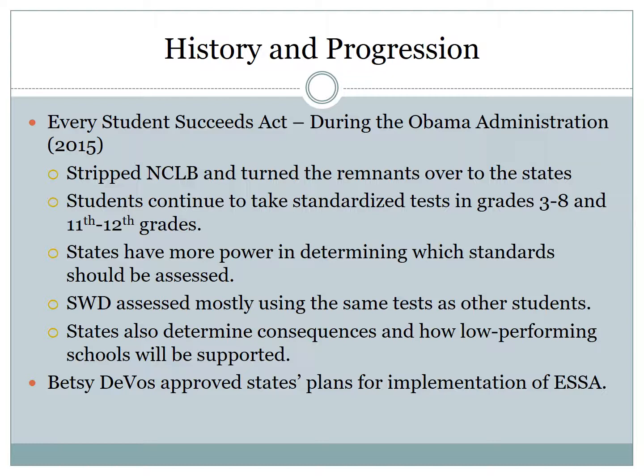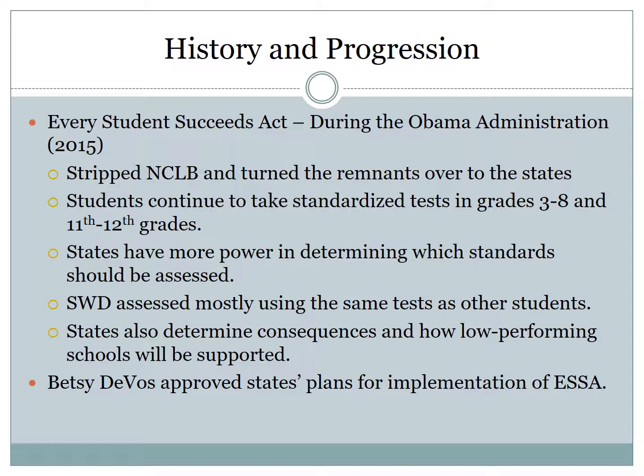During the Obama administration in 2015, the Every Student Succeeds Act replaced No Child Left Behind. That act basically stripped the role of the federal government from NCLB and turned much of it over to the states. So students continue to take standardized tests in certain grades. It's heavy in grades 3 to 8 and 11 to 12.